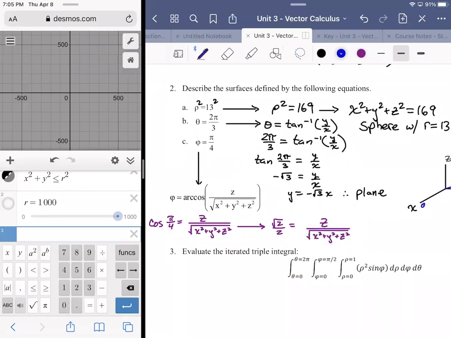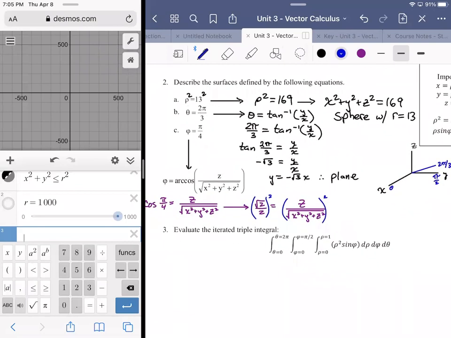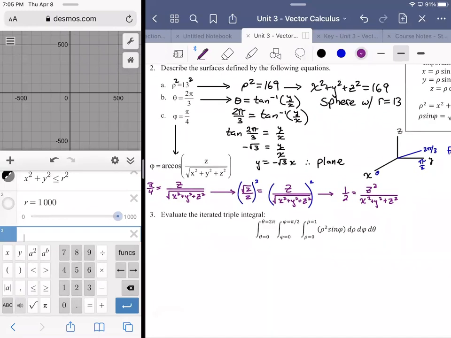We got radicals on both sides, so let's square it up. Radical 2 over 2 squared is 1/2. Square the other side, you're going to get z squared over x squared plus y squared plus z squared. All right.